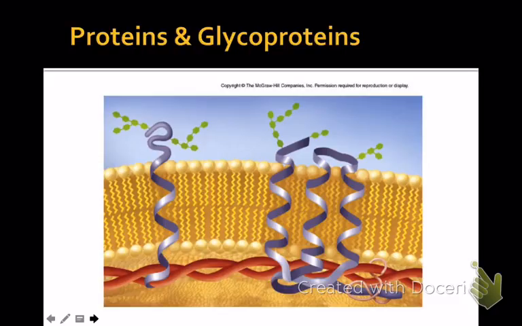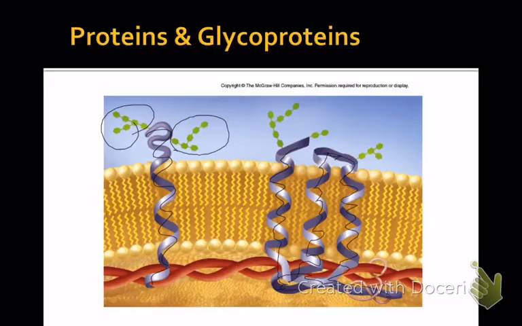All right, looking at our proteins, where is the glycoprotein part in this picture? It's the green things up at the top. So there's a carbohydrate group attached to a protein. You remember yesterday we talked about how proteins tend to coil? So here you see a coil, and then a fold, and another coil, and another fold, and another coil, and then a part down here.